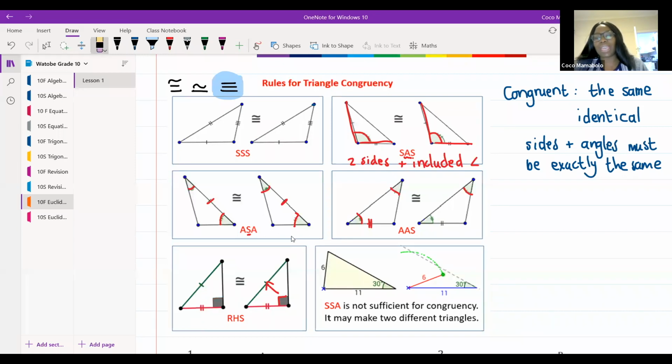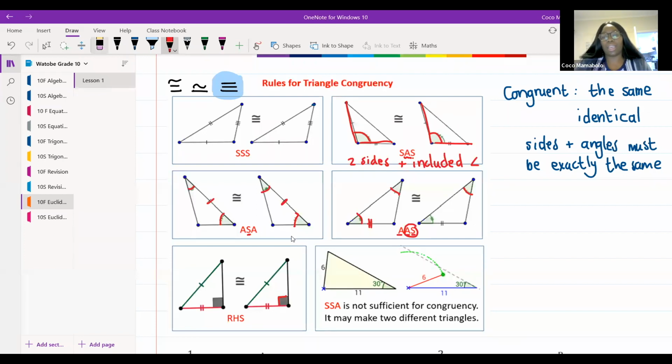Somebody says, what is AAS? AAS is angle, angle, side. And then remember that these last two, this angle and side, need to be the same in both triangles. Okay, AAS is angle, angle, side.